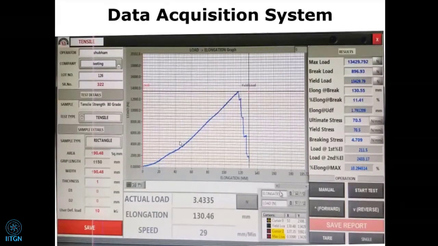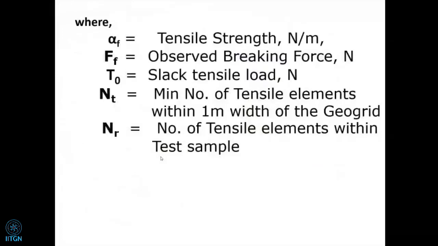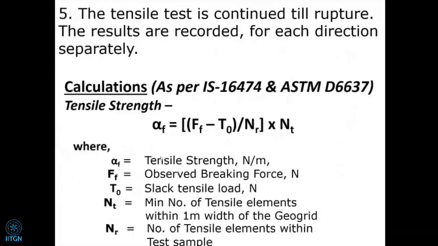If you are not putting a proper seating load, then this kind of slacking load comes into the picture. So we have to note down this slacking load if it is there. If it is not there, then it is no problem, and TO will be 0. TO is the slack tensile load in Newton. If it is there, then we have to subtract it from the breaking force we observed during testing.